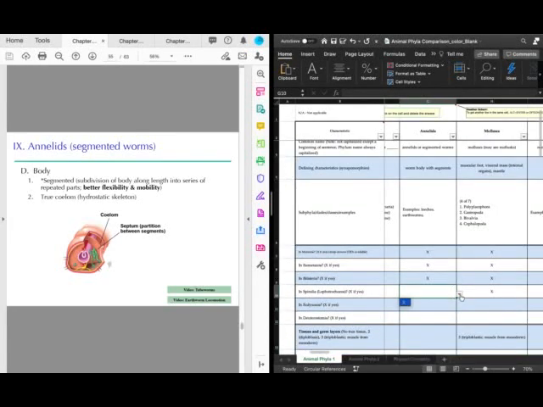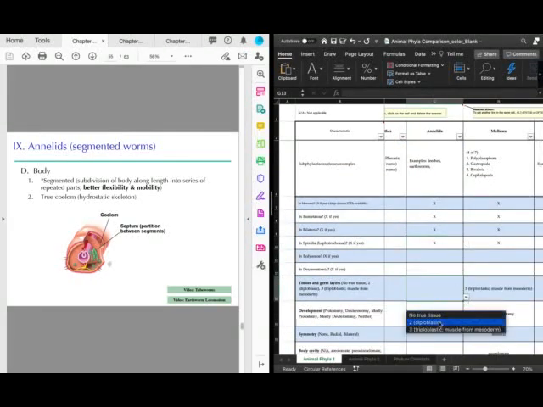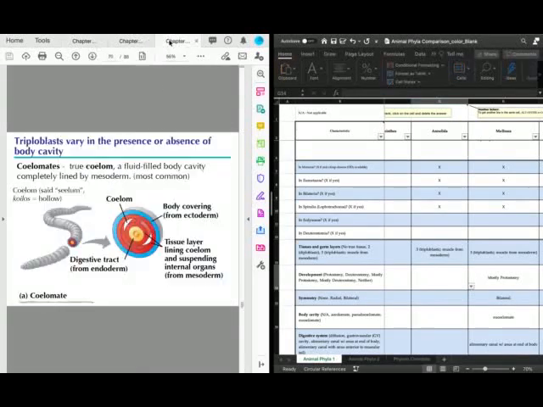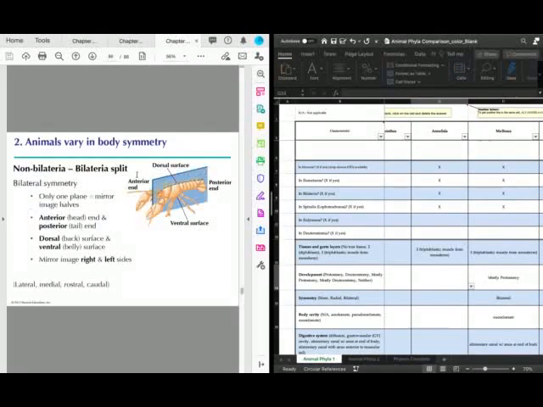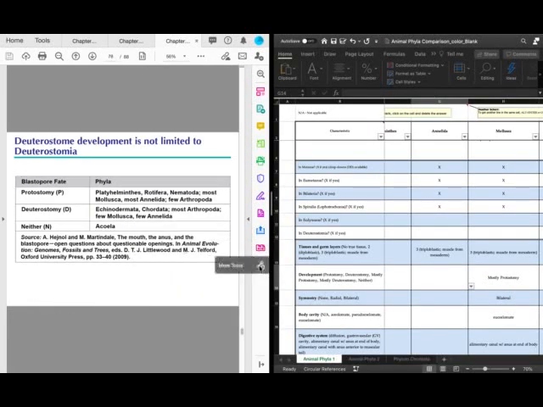Spiralia, we look at our phylogeny, yes, can't be in those. Tissue layers, we know all of them are triploblastic. Development, go back and look at this deal here. There we go. What does it say about Annelida? Most Annelida protostomy.